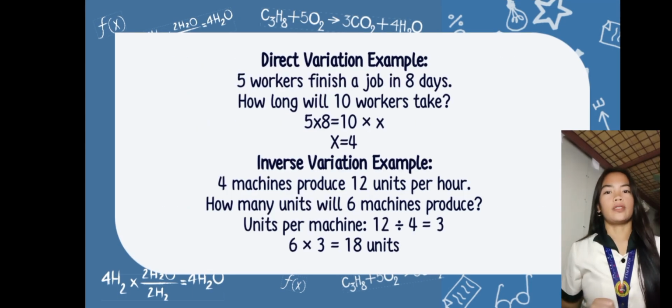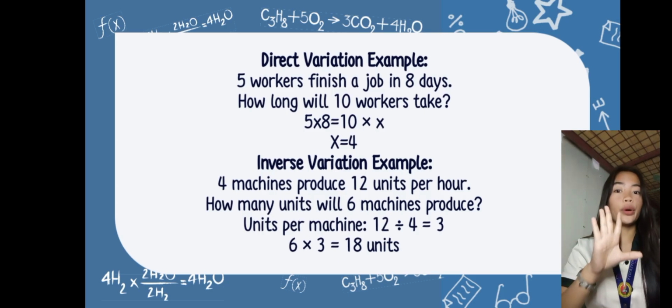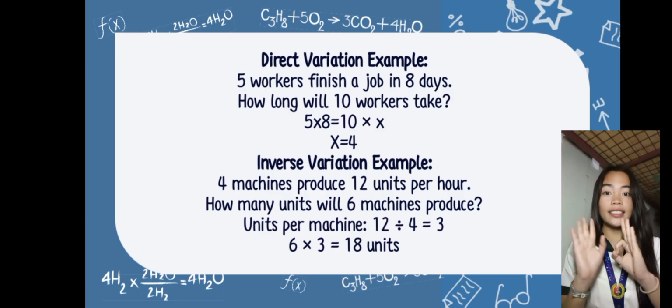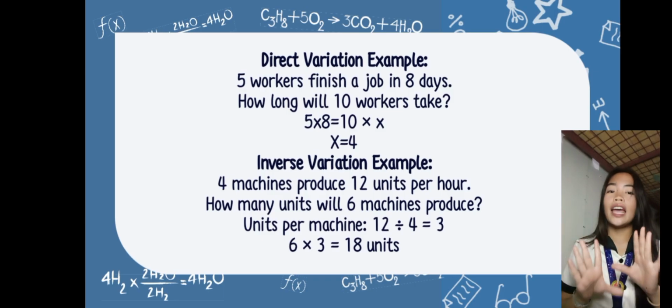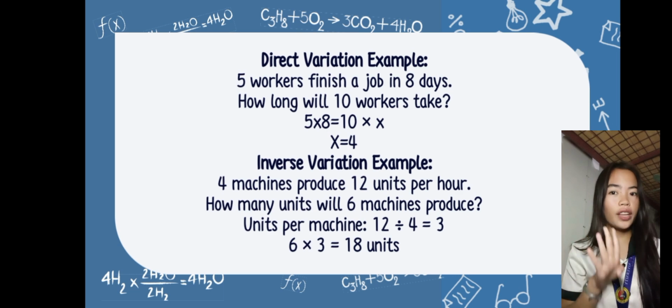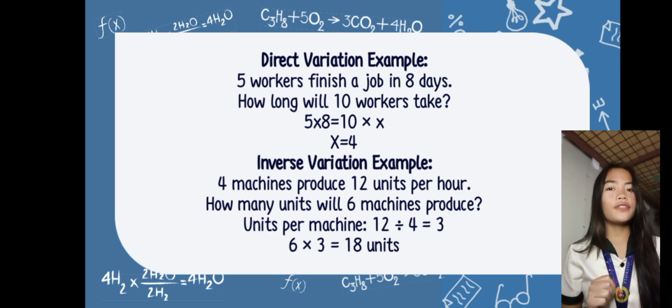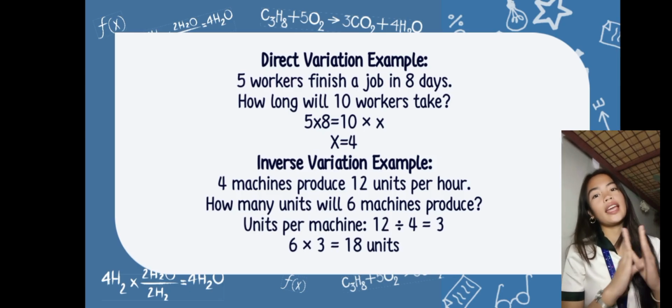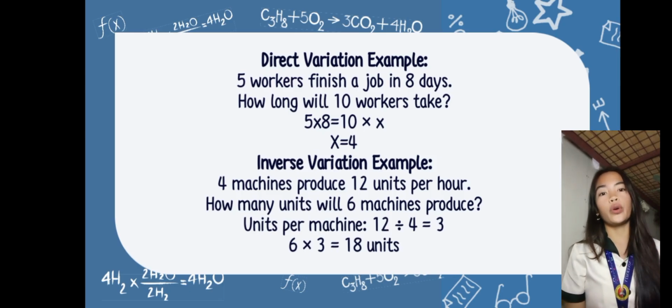For example, for direct variation, if 5 workers can finish a job in 8 days, then 10 workers will finish the same job in 4 days. For inverse variation, if 4 machines produce 12 units per hour, then 6 machines will produce 18 units per hour.